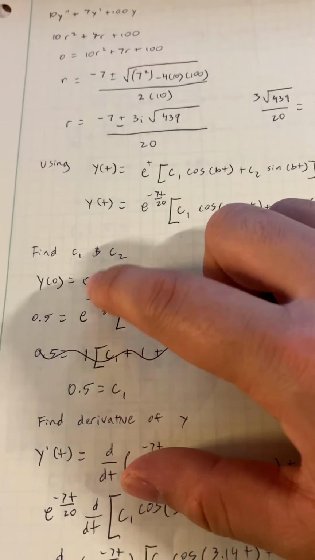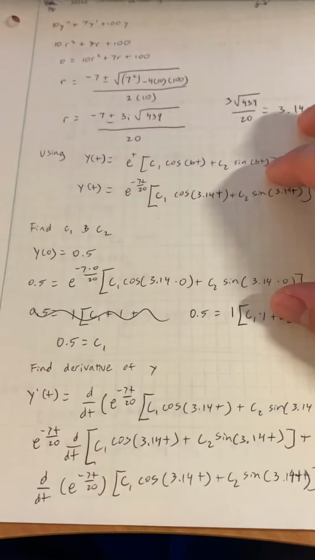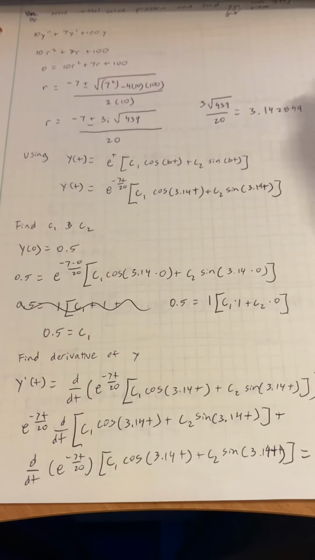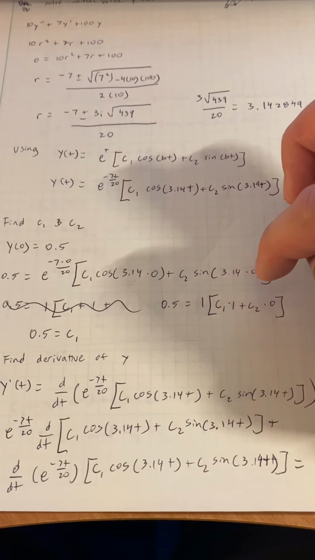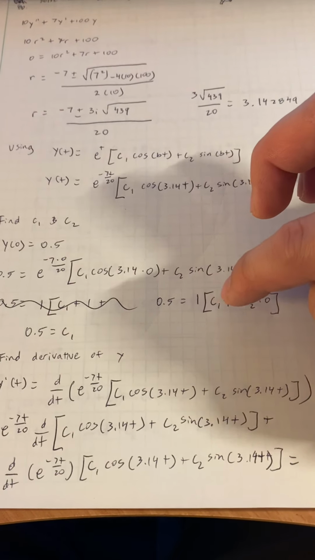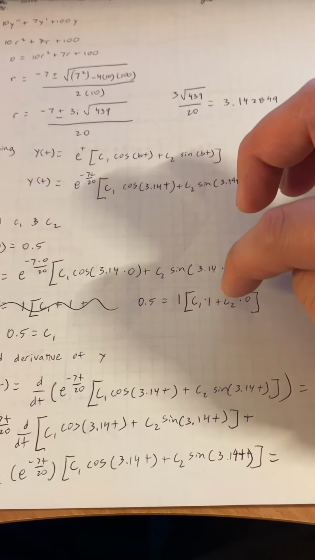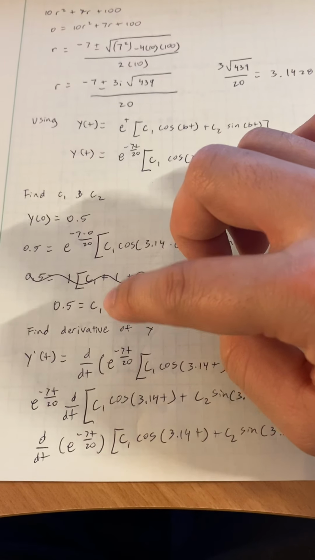So using the additional condition it gave us, y of 0 is equal to 0.5 meters, or pulled down 0.5 meters, we set 0.5 equal to this whole thing. Plugging in values, things cancel out. We got 0.5 is equal to 1 times C1 times 1, because cosine of 0 is 1, plus C2 times 0. And now we find that 0.5 is equal to C1.